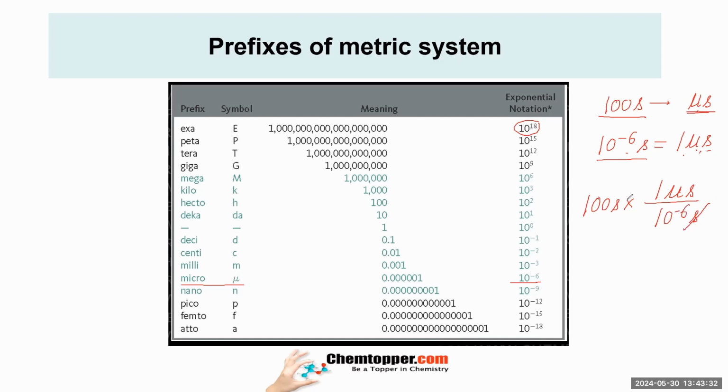Can you see seconds and second cancelled? So what's the answer? 100 times 10 raised to power 6 microsecond, which you can write like this: 1.0 times 10 raised to power 8 microseconds.